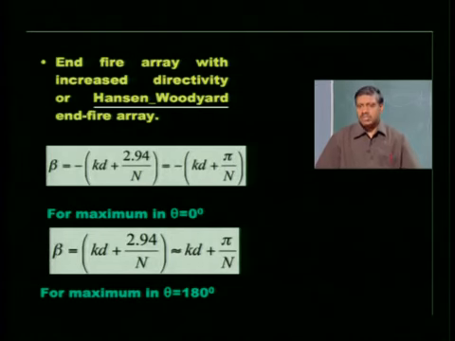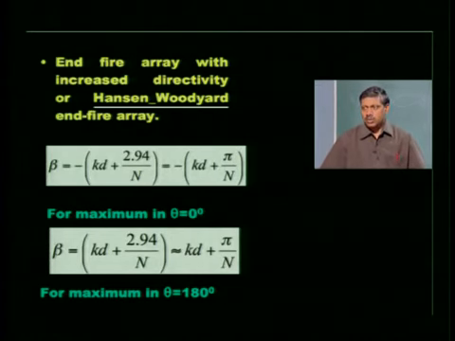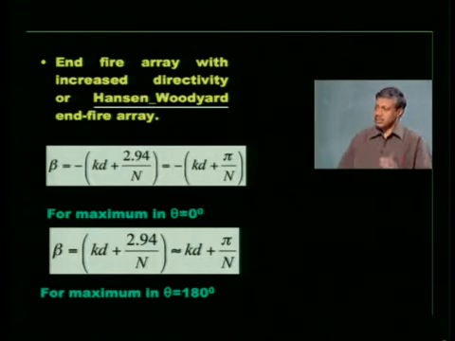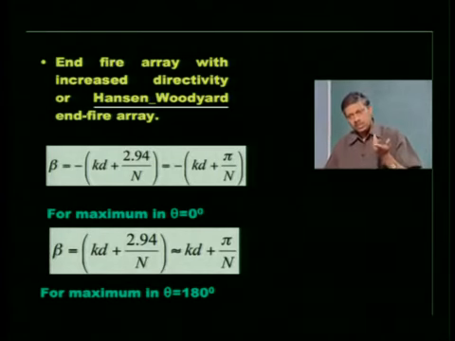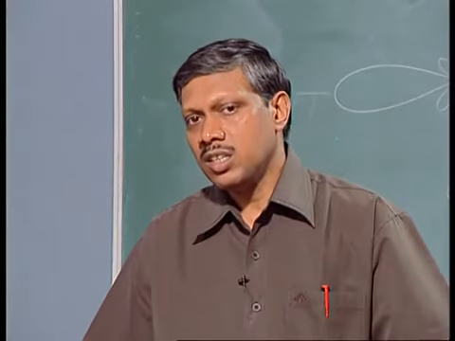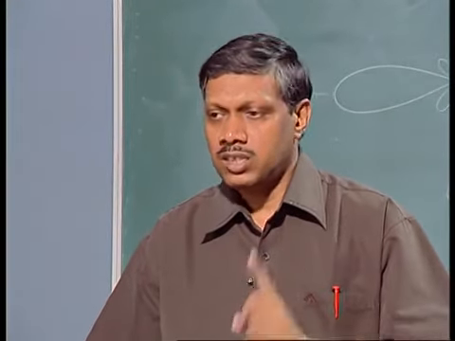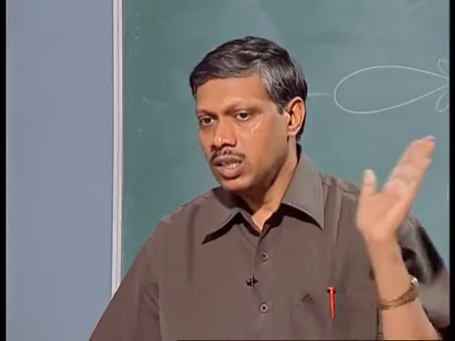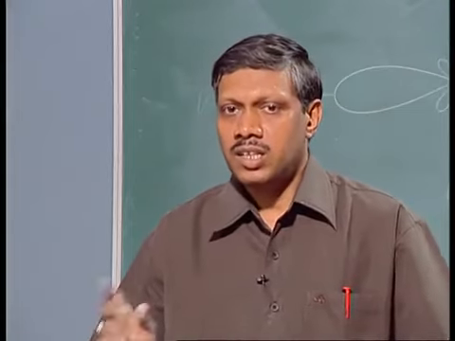After that, the condition was derived. Otherwise the plus minus condition remains the same. For 180 degree it is plus, for 0 degree it is minus, but with kd only pi by n is added. You have to remember that this is a directional enhancement of the ordinary endfire array: in the Hansen-Woodward condition, just a pi by n is added to the ordinary condition, and n is the number of elements.